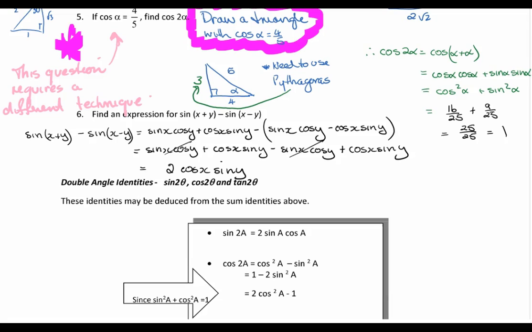So sine of x plus y, look at that and go, yes, I know. I could replace that with sine x cos y plus cos x sine y, and that's what you do. Anytime you've got a subtraction sign, you're going to be subtracting more than one thing, put that more than one thing in brackets.